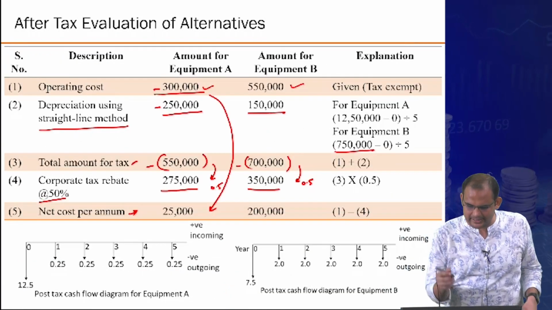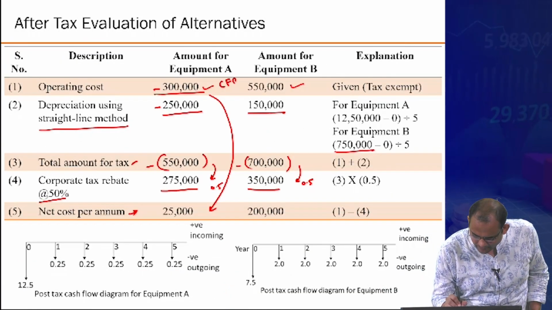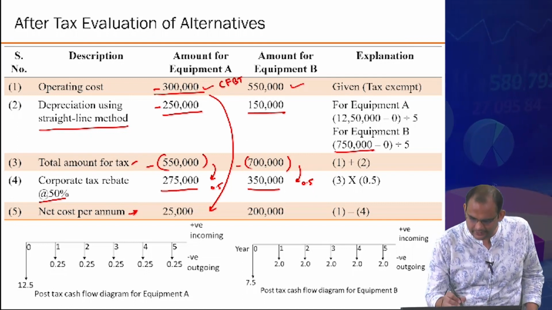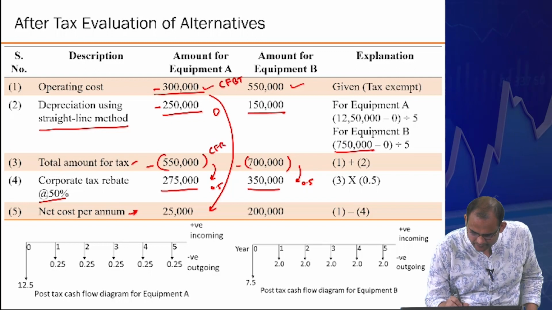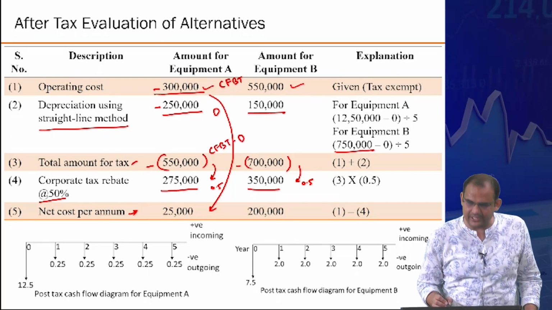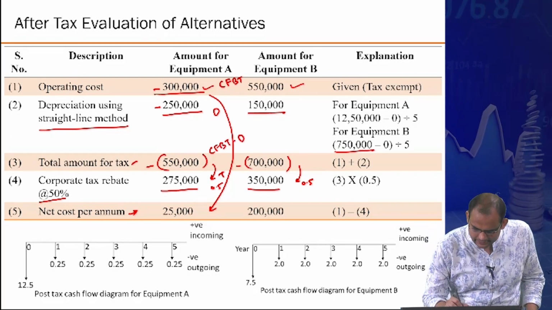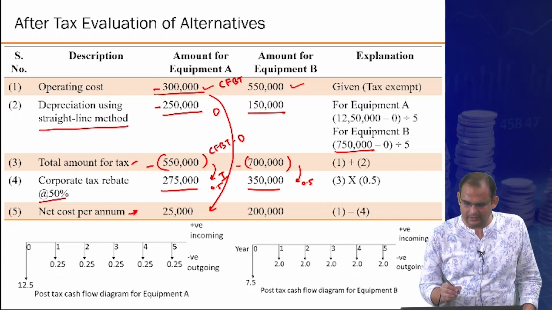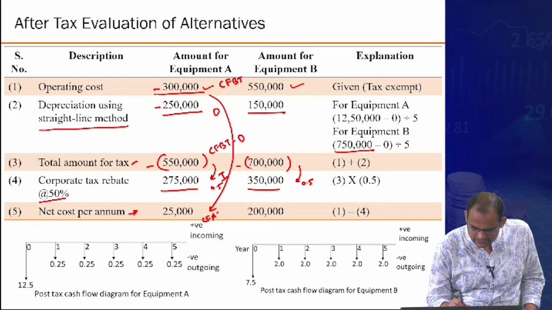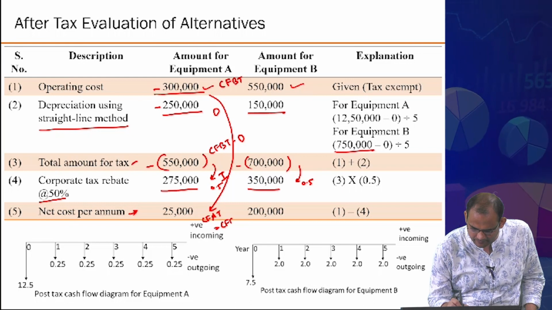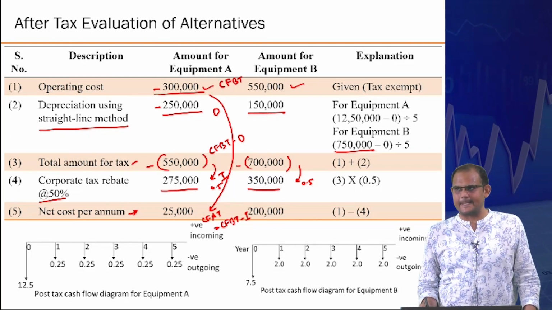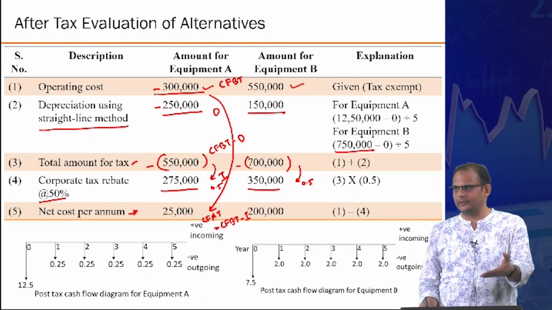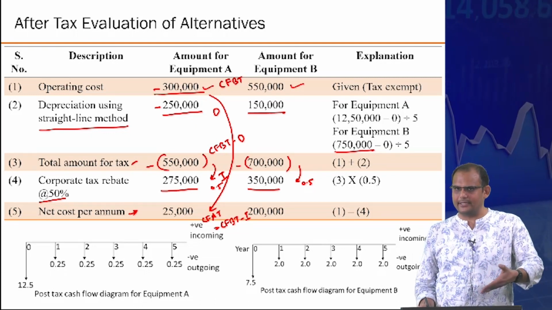So your concept is cash flow before tax, depreciation, cash flow before tax minus depreciation, income tax, cash flow after tax, which is cash flow before tax minus the income tax. Got it? Now the calculation is making sense.